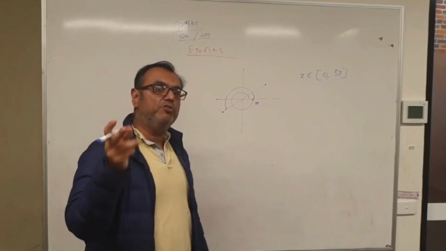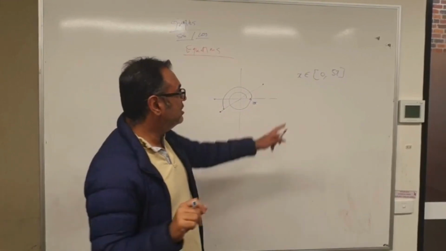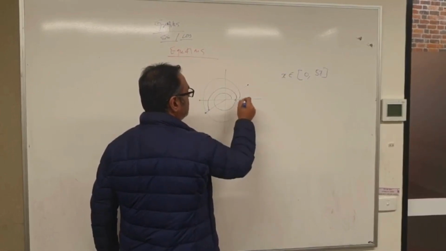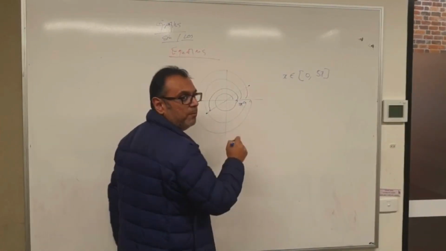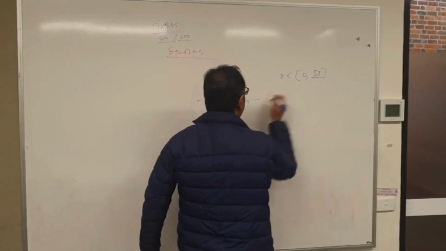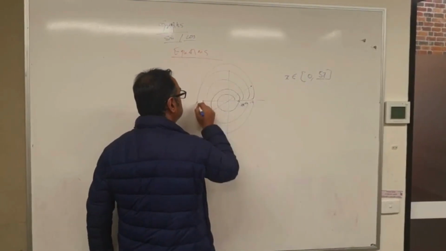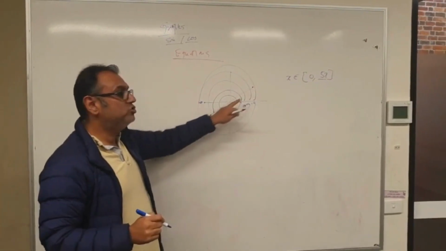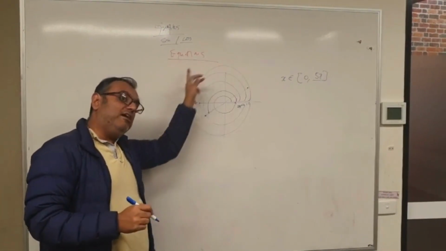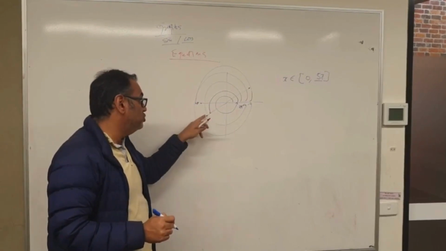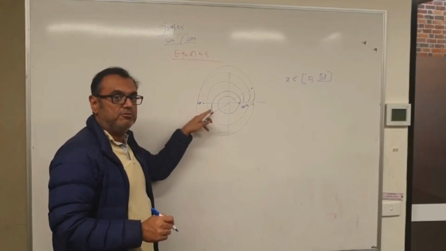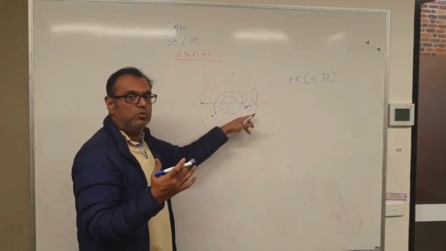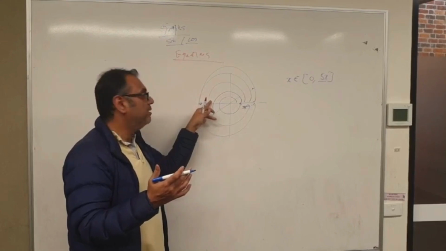Another rotation will give you another two values, and the third rotation is just pi. So first rotation 0 to 2 pi, second rotation 2 pi to 4 pi, and you need to go until just 5 pi. Full rotation will give you 6 pi. 5 pi means you stop here. The third half rotation would not let you come here. 5 solutions. 2, 2, 1.